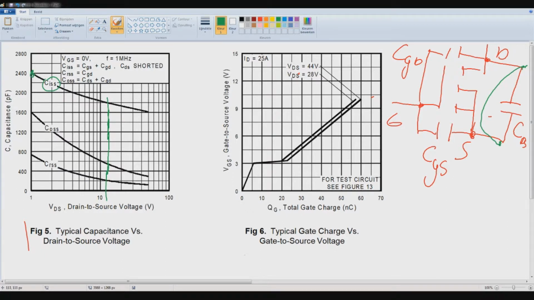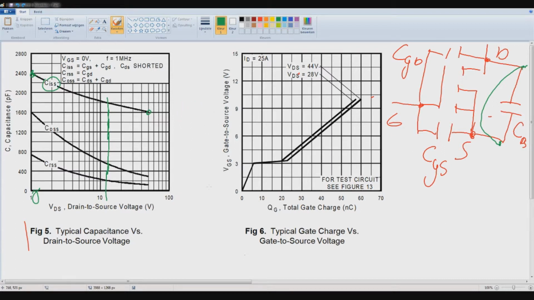It starts at a pretty high capacitance at 1 volt, which then drops to 1600, still pretty high, 1.6 nanofarads, at a gate to source voltage of 0 volts. And that's the input capacitance.